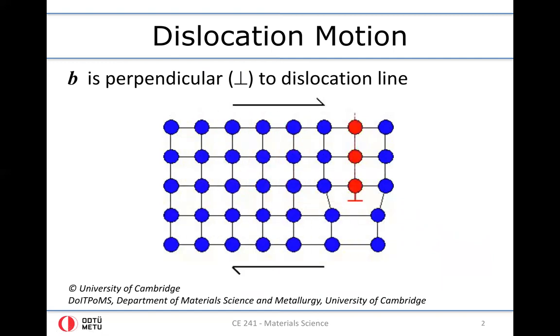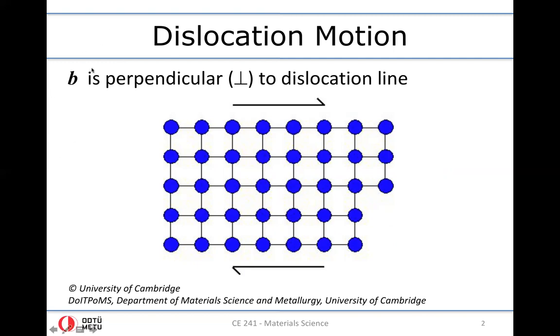This is essentially the dynamic version of what we have seen in the previous slide. And you see, in this case, the dislocation moves in the direction of the shearing, okay? And that is also in the direction of the Burgers vector.